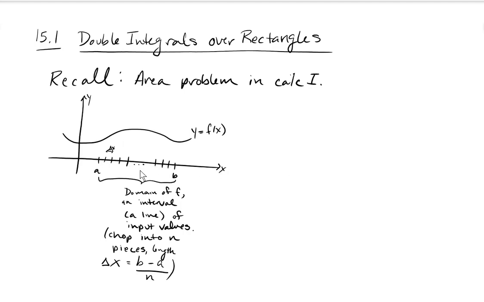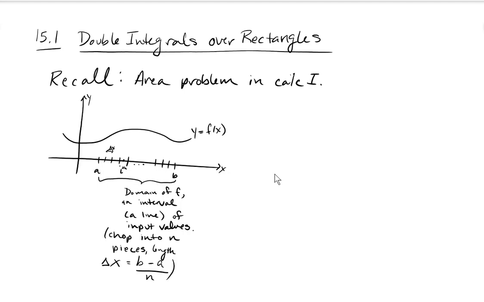We chopped this domain into n little pieces, usually of equal size, delta x. Then to figure out the area under this, we first approximate it by looking at each little interval. Maybe this is the ith interval, where i could be any value from 1 to n, the number of pieces we have.